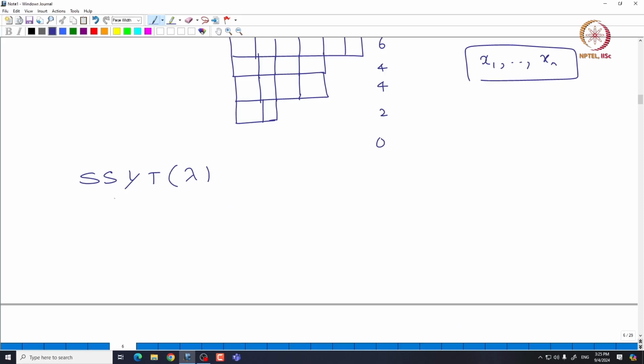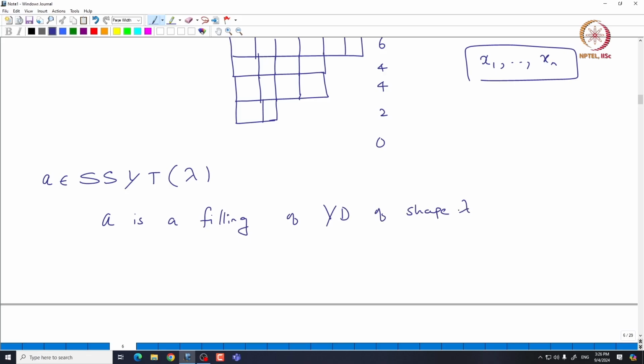So, the semi-standard Young tableau T is an element here. Let us take some T inside. So, T is a filling of this Young diagram of shape lambda.